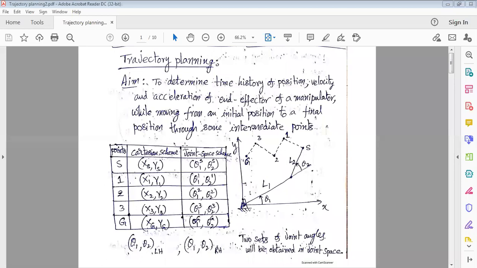So while moving the robot from initial position to final position, the destination point, we are going to determine the time history of position, velocity, and acceleration of the end effector. For example, let us consider the 2 degree of freedom manipulator.